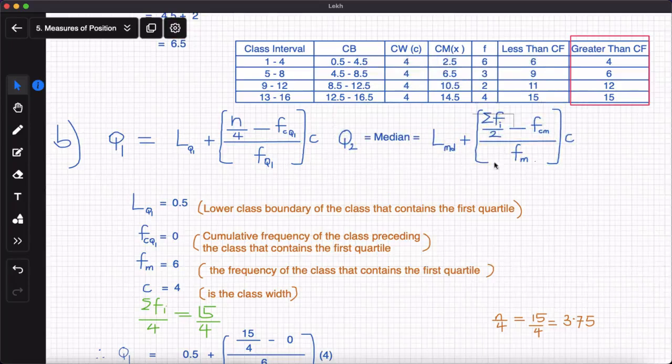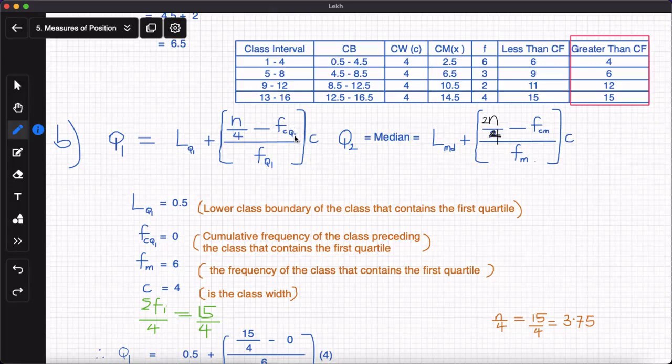So don't forget that I changed this to n. We put n here, and I call this 2 over 4, and it's still the same thing as what we had before. This time around, we are doing 1 over 4 multiplied by n, that's n over 4, minus the cumulative frequency before the class that contains the first quartile.